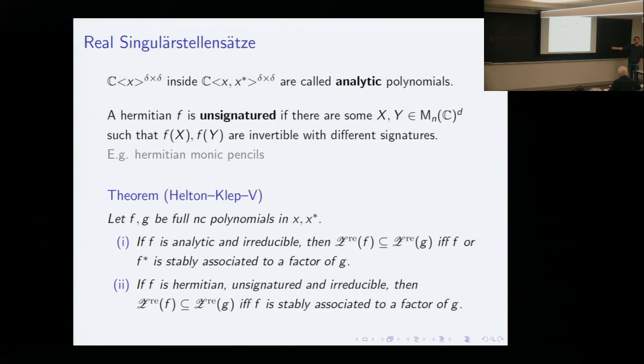And the other type is this unsignatured thing: if I have an f that, morally speaking, changes sign, then again the inclusion of real singularities of f in the real singularities of g basically means that f is going to be associated with a factor of g. So these are two settings where we can have a real Nullstellensatz.